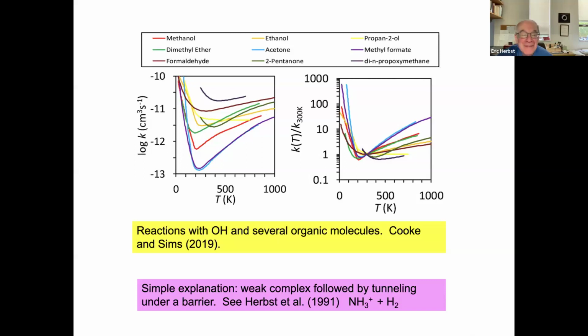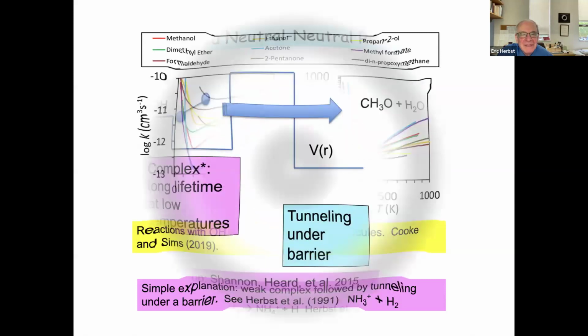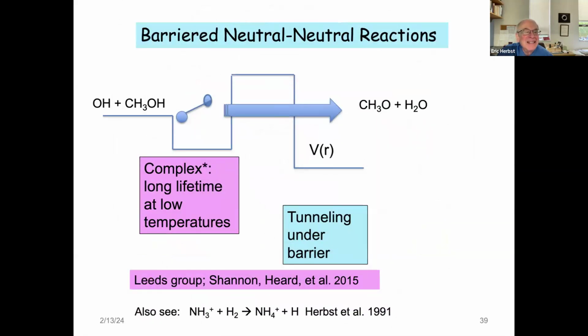So these reactions become very important because there's a lot of low temperature chemistry. It's very interesting. Chemists have worked on trying to understand what's going on. We don't really have much time to discuss it, but it's a process in which the two reactants come together, and before there's a barrier in the potential, there's a well, and then the system tunnels under the barrier and comes out and forms products.